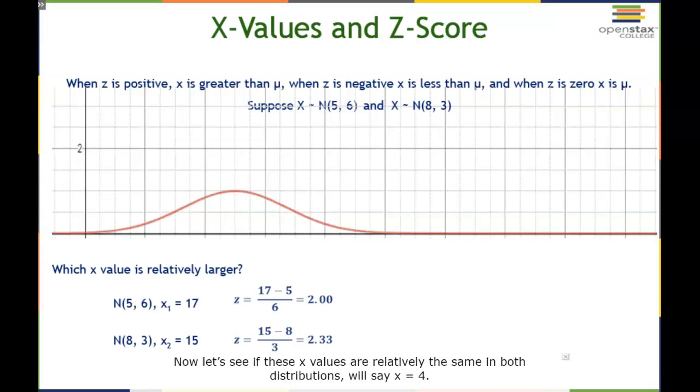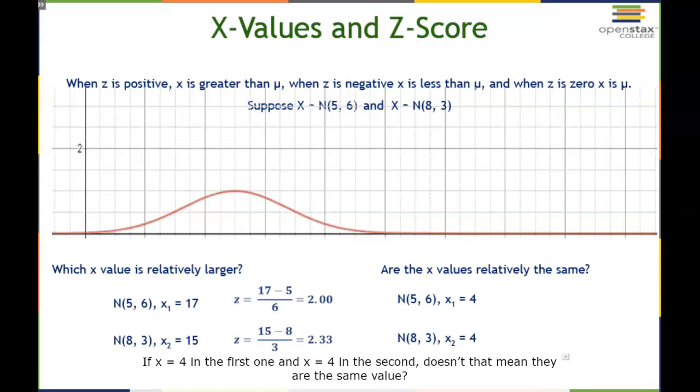Now, let's see if these x values are relatively the same. In both distributions, we'll say x equals 4. If x equals 4 in the first one and x equals 4 in the second, doesn't that mean they're the same value? Well, no. Remember, we're dealing with different distributions, and therefore we have to translate that over to a z to be able to really compare it.